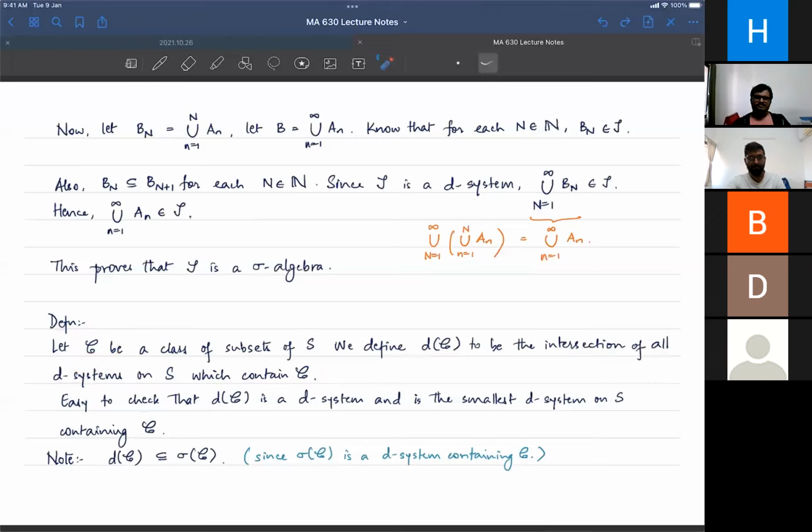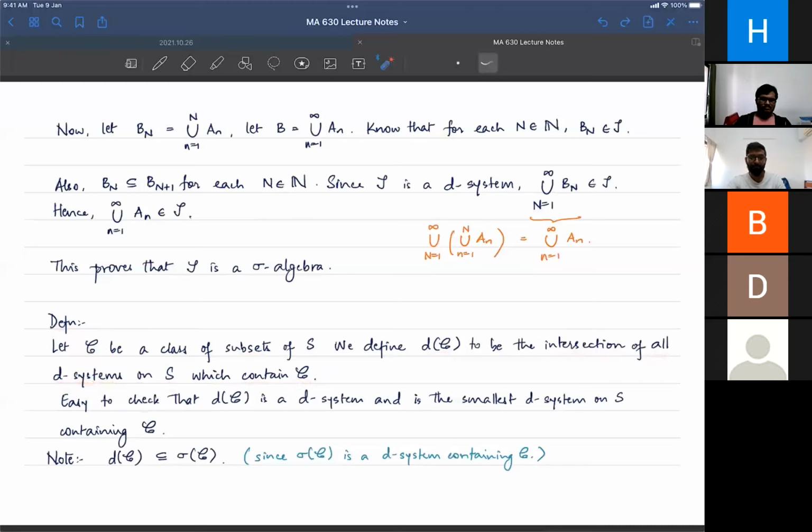Yes, the power set. So there's always going to be at least one D system which contains this family. Now we define D of C to be the intersection of all such D systems. So S is my set, C is a family of subsets of S, and D of C is the intersection of all D systems on S which contain C. And there's at least one such, namely the power set.